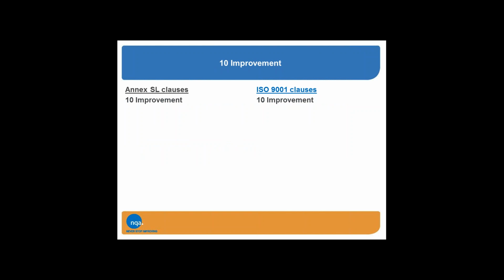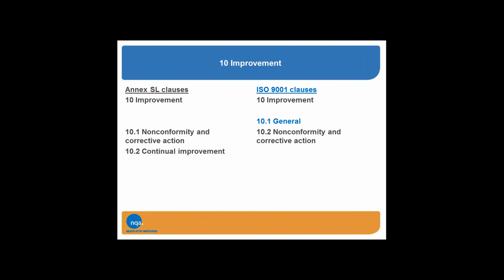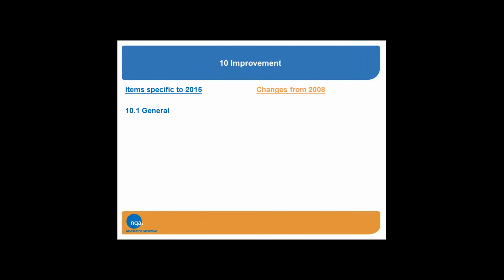So again, looking at the Annex SL requirements and the equivalent 9001 requirements, we straight away see that there's an additional sub-clause here, general. That general clause doesn't appear in Annex SL because 10.1 is non-conformity and corrective action, and we have that same generic requirement in 9001. Continual improvement, not surprisingly, carries over as a requirement in 9001.